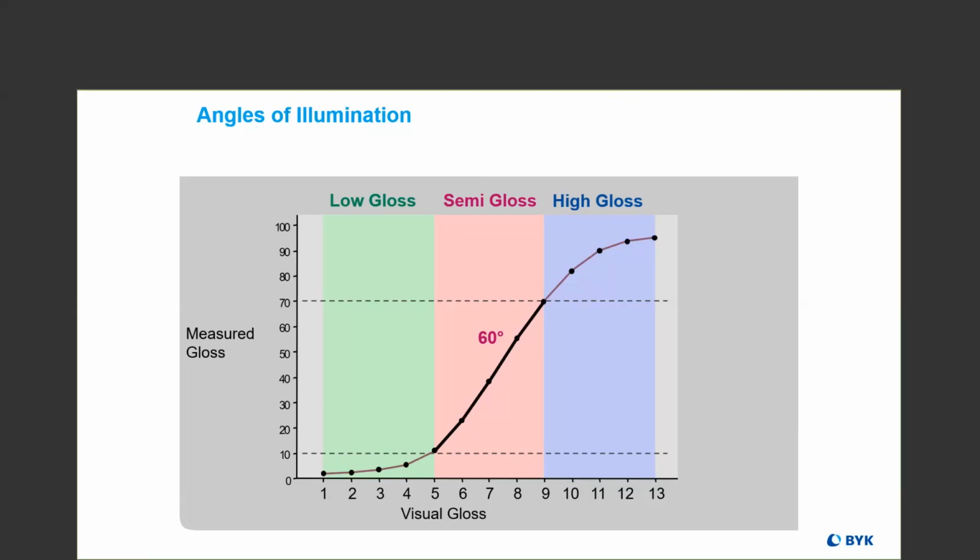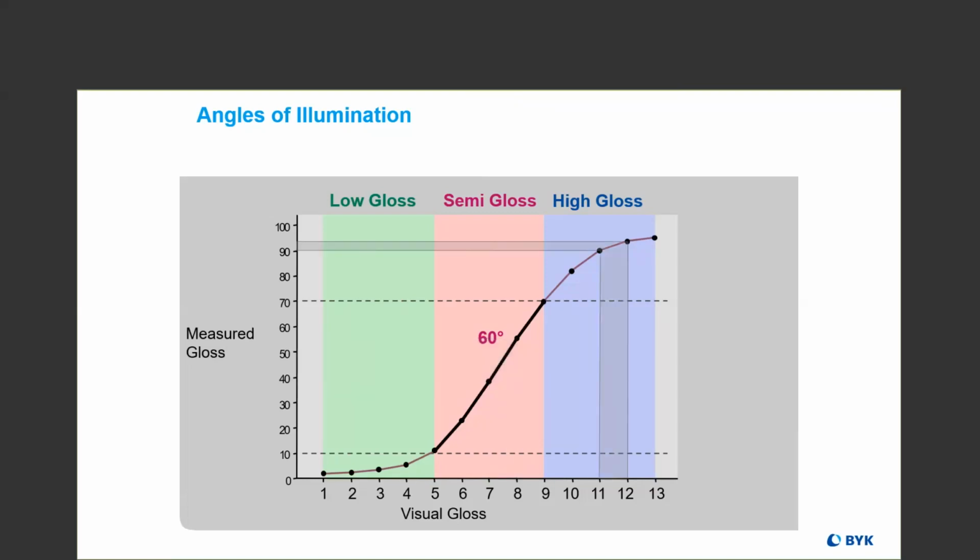I'll give you an example to show you why that is. Suppose we want to measure the difference between the 7 and the 8 gloss panel. We measure the 7 with our 60-degree geometry meter, we measure the 8 panel with that same meter, and we get a gloss difference of something like 16 or 17 gloss units. So we're seeing a clear visual difference between the 7 and the 8 panel, and our 60-degree gloss meter is measuring a nice, clear, distinct difference between those two panels.